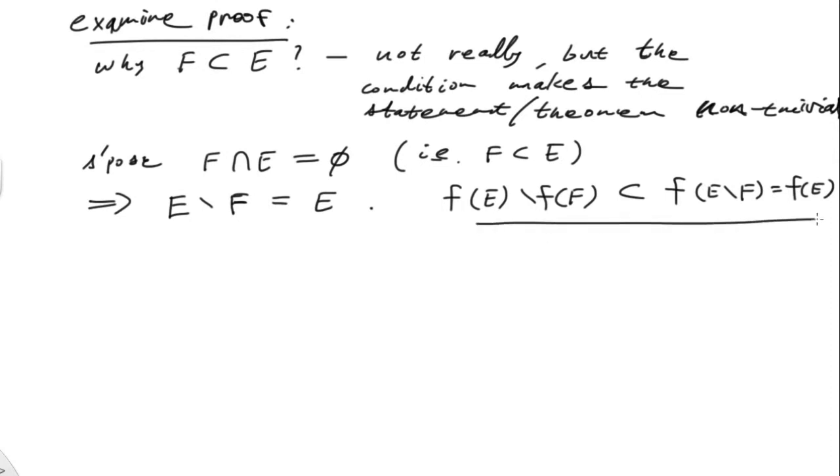This statement would be trivial because, yes, if we take away points from the image of the original set, of course it's going to be smaller. Of course this is going to be true. That's true trivially. So if F shares no points with E, this statement is trivially true.